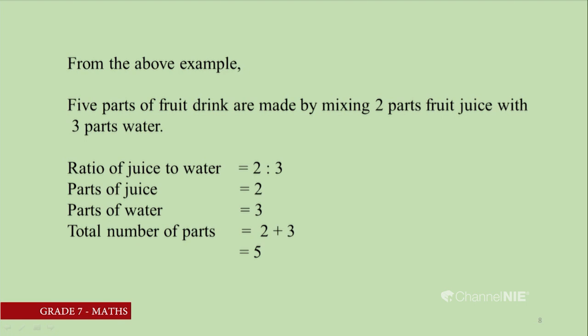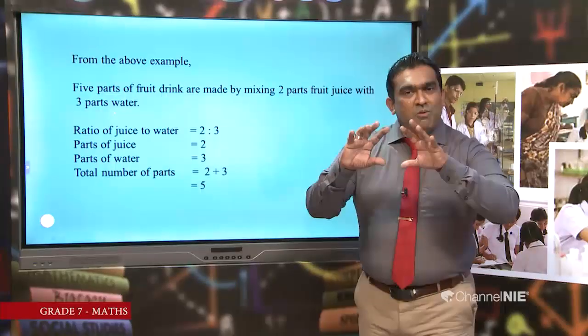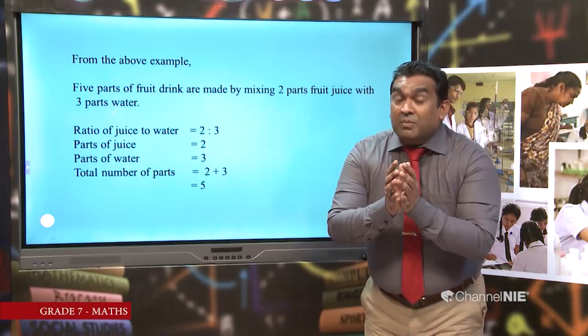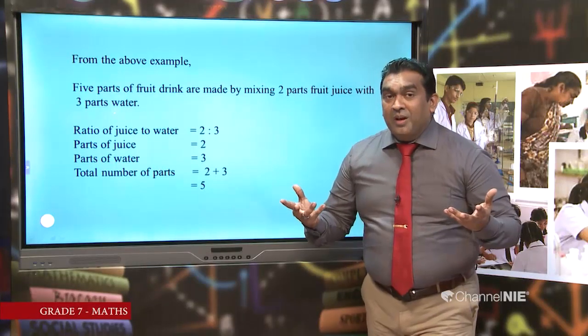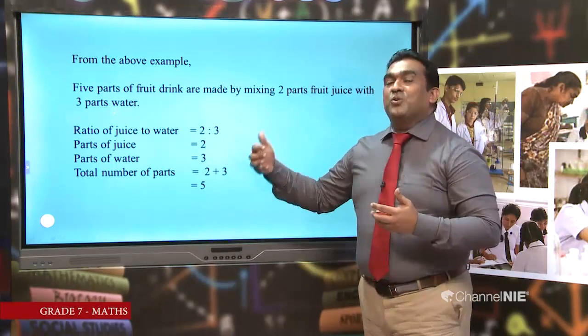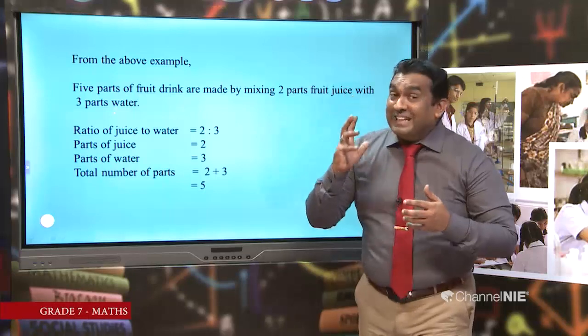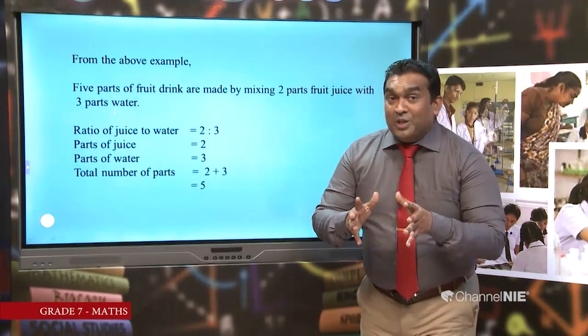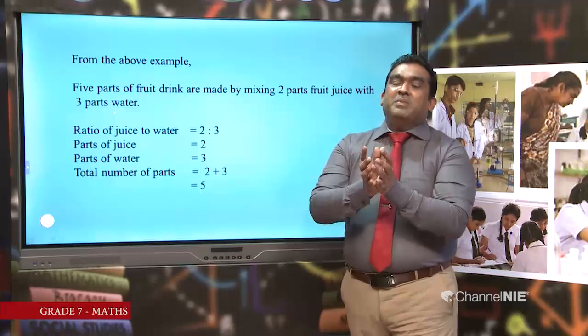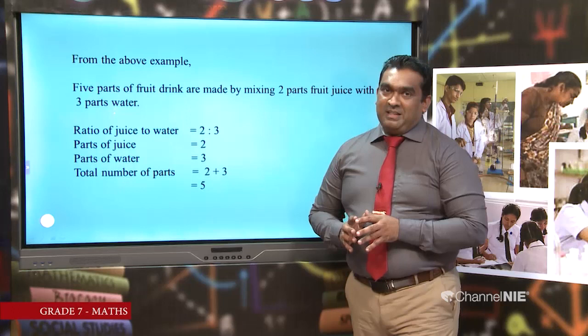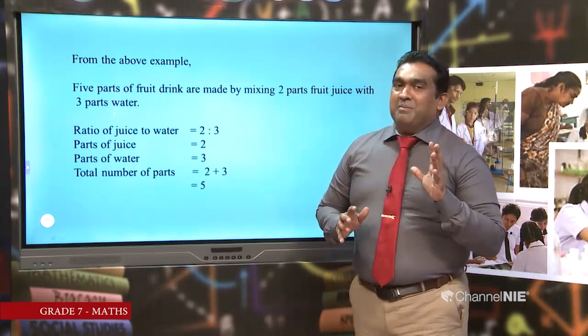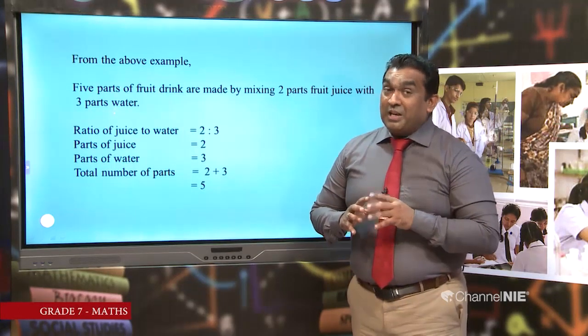Then the total number of parts is 2 plus 3, which is 5. Now you know how to find the total number of parts using a given ratio. First you have 2, next you have 3, and 2 plus 3 is 5. You can take the sum of the numbers as the total number of parts. That is a very important concept in ratio.